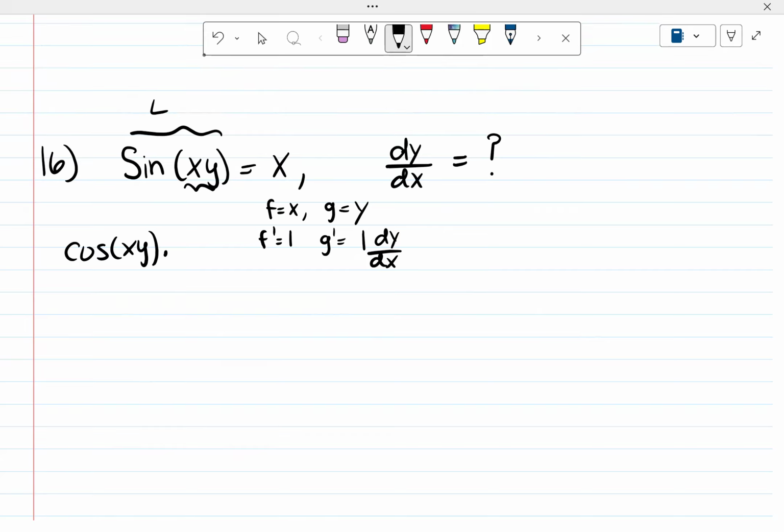So when you put it all together, the product rule is f prime g plus g prime f.